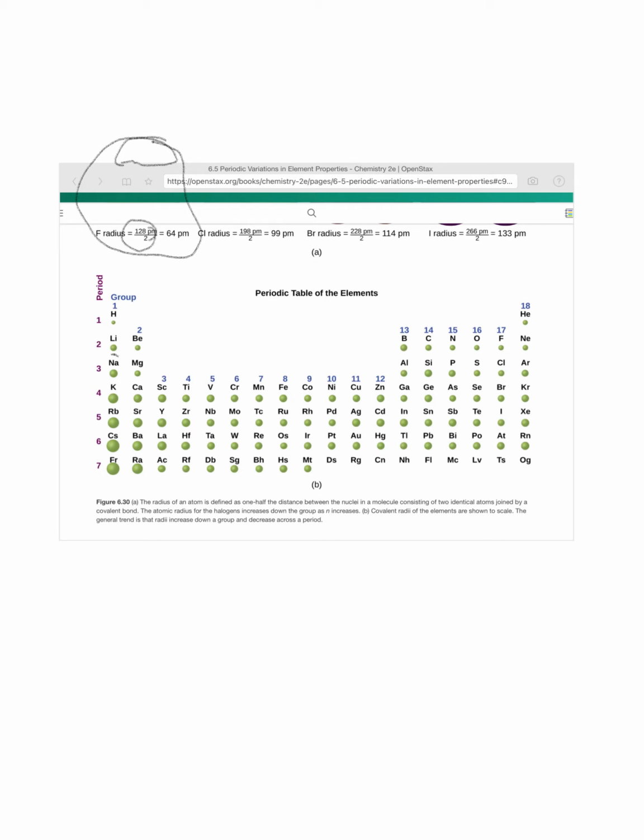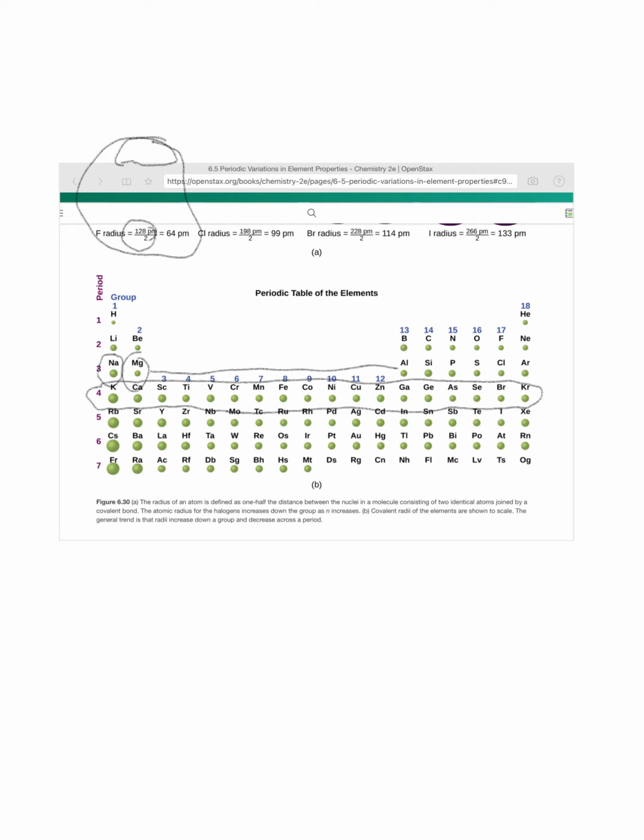Let's go to sodium, magnesium. You go across, and you'll see there isn't a huge difference in the size. But then when you start going down to period 4, you will see the trend is, if I go from left to right, that the atomic radius is getting smaller.